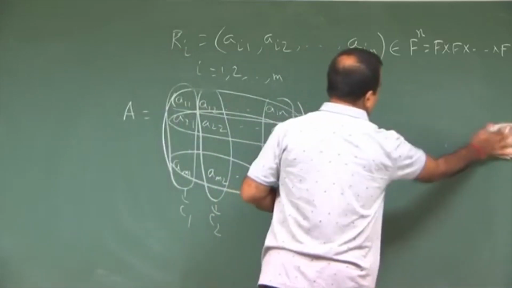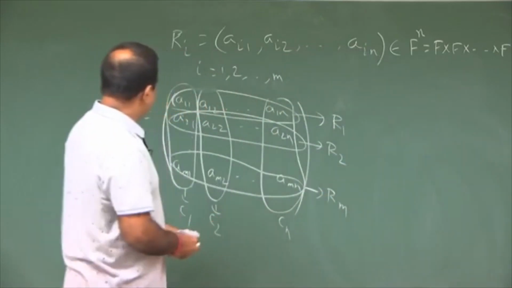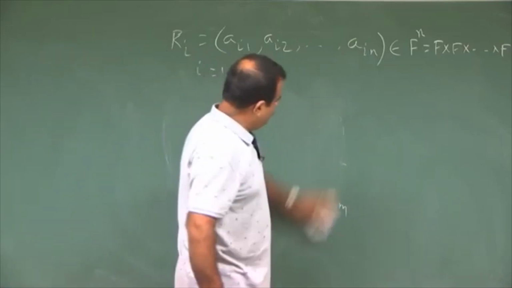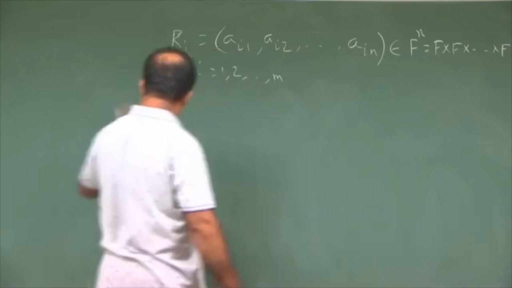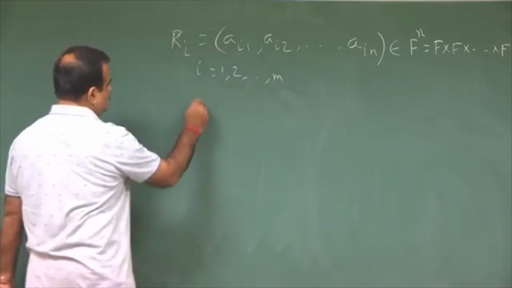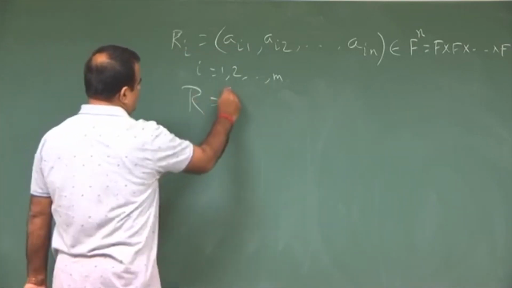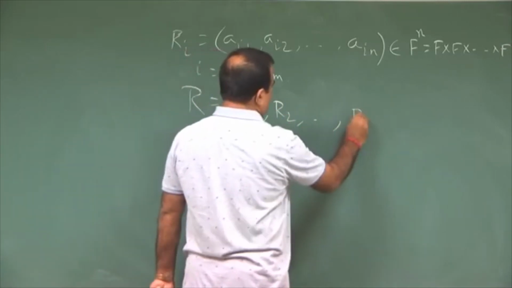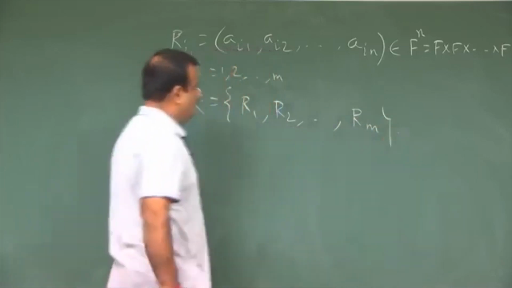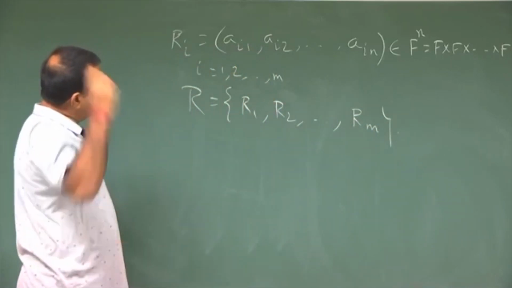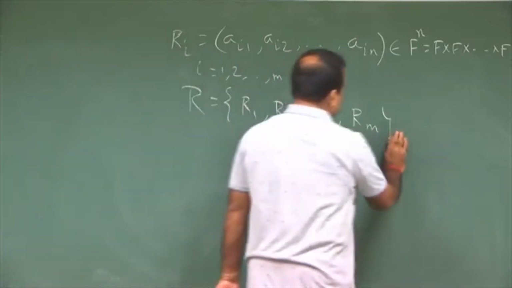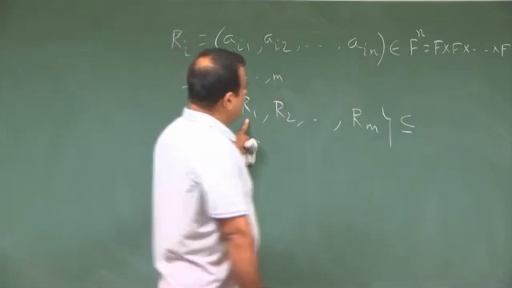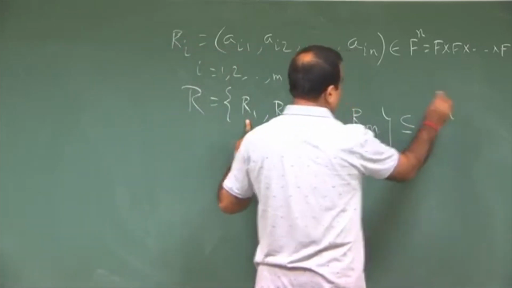Similarly, we will come to the columns. Now take this collection of rows, the set R, which is R 1, R 2, up to R m, a total of m rows. Each of these elements comes from F to the power n, so this is a subset of F to the power n.